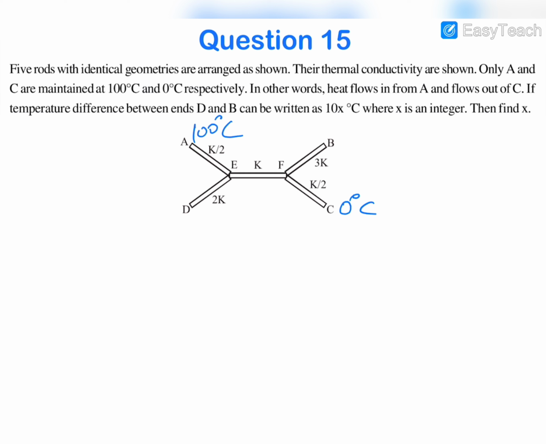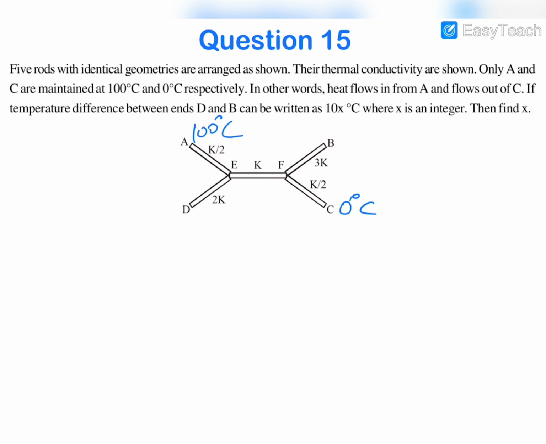In other words, heat flows in from A and flows out to C. The temperature difference between ends D and B can be written as 10x degrees Celsius, where x is an integer.